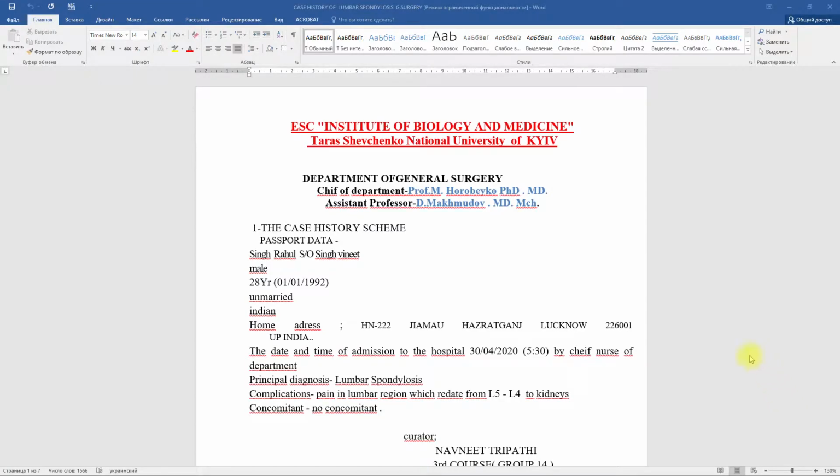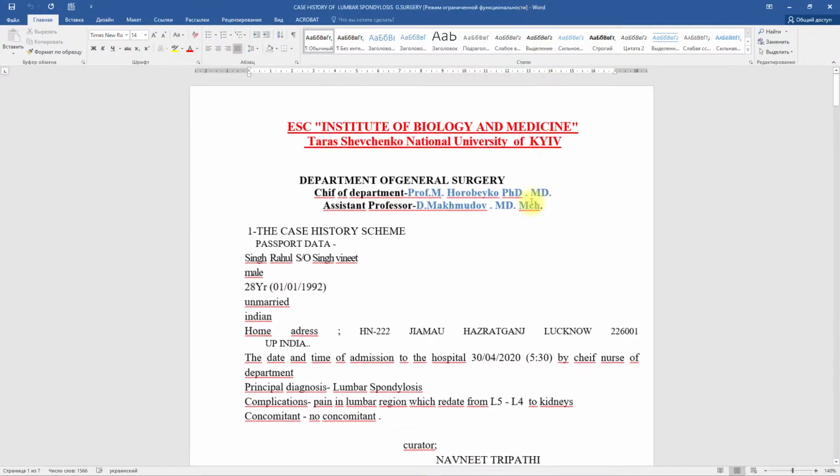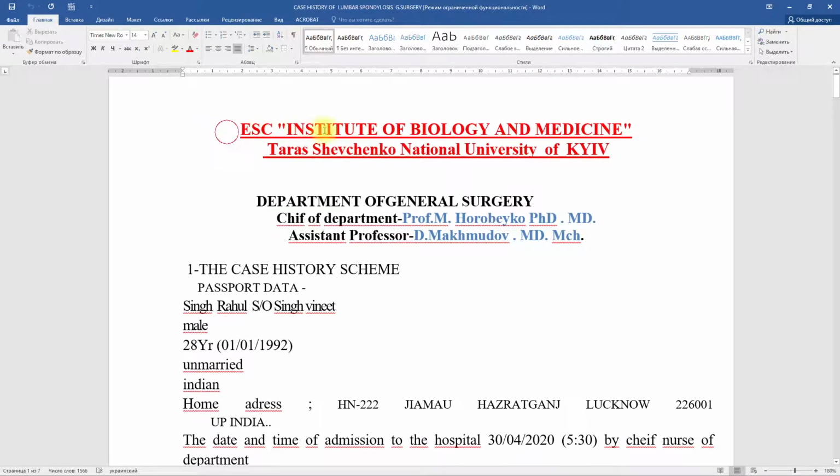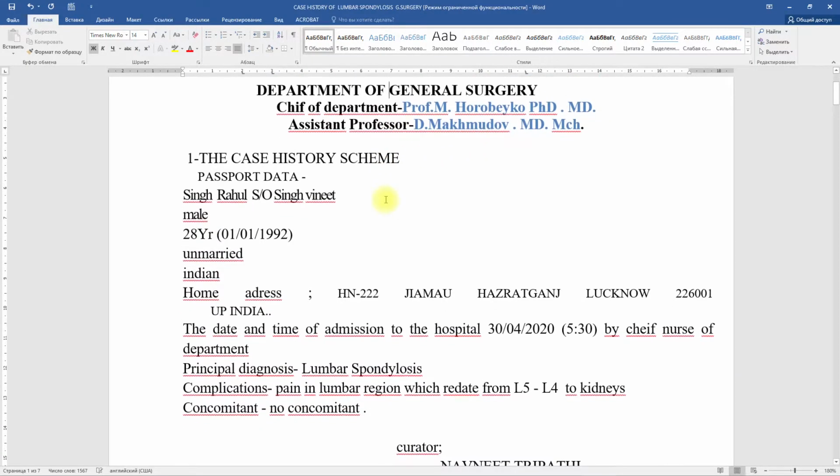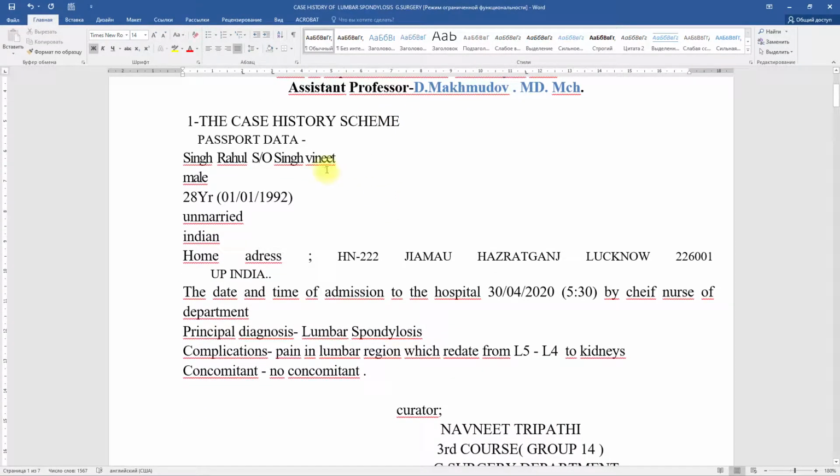Hello, Navneet. Now let us review your case history. Begin from the top. Okay, so heading right. Department of surgery. Good. Passport data.